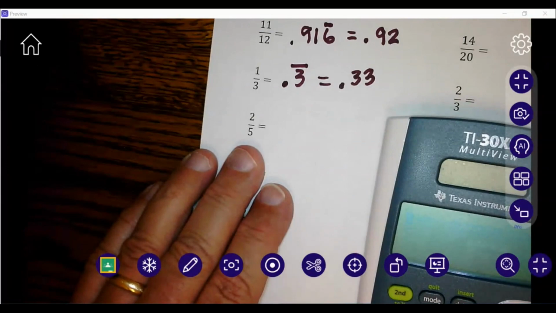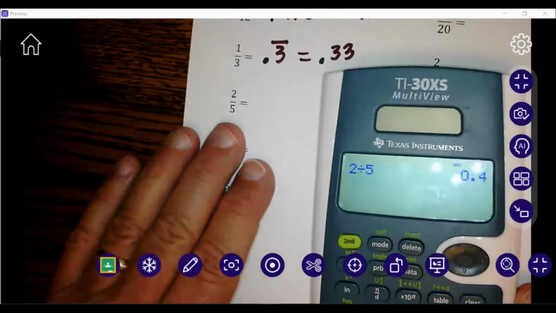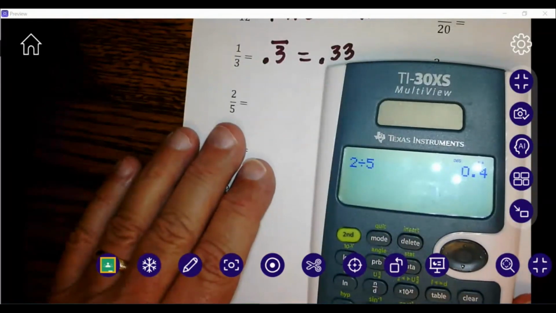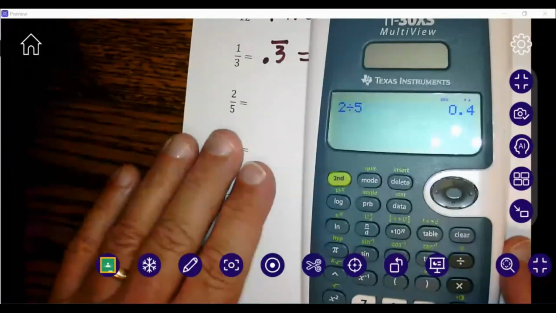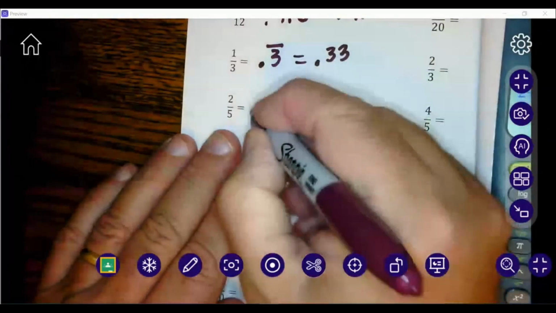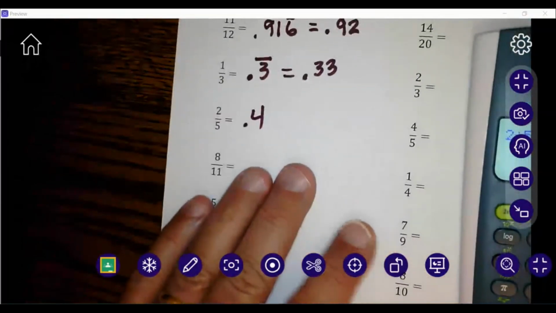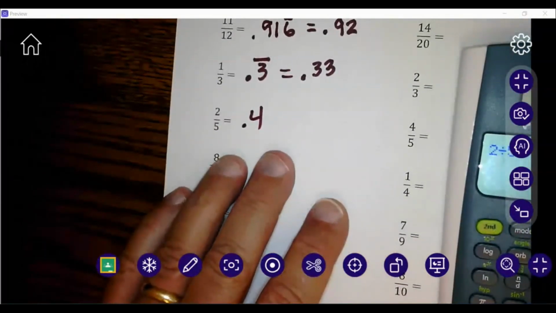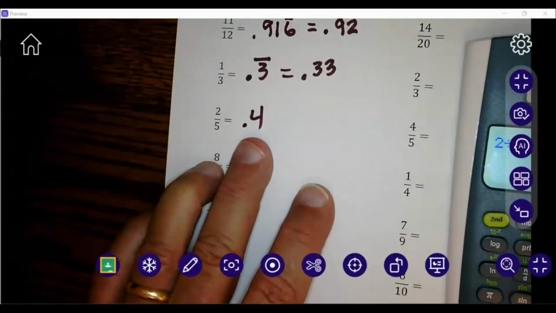The next one, 2 divided by 5. We get 0.4. So that is called a terminating decimal. It terminates, it stops, it ends. It doesn't keep going forever. And so it is simply 0.4. Now, if you were told to round it to the nearest hundredth, that is not the correct answer.